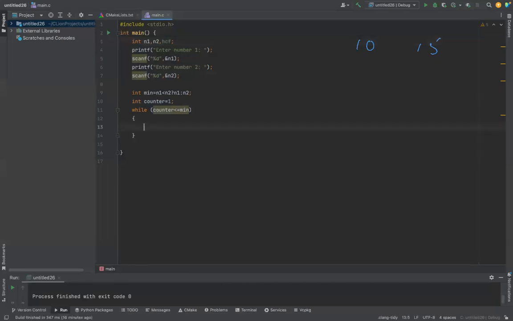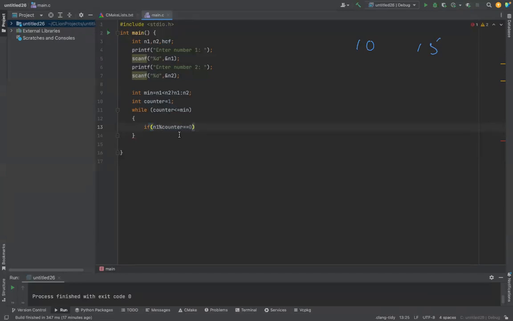Here we can use highest common factor as, okay, first you have to check whether it is divisible or no. If, let's say 10, suppose that 10 is the n1. n1 modulus counter variable, check whether it is equal 0.